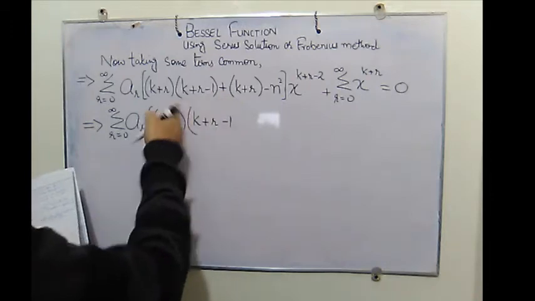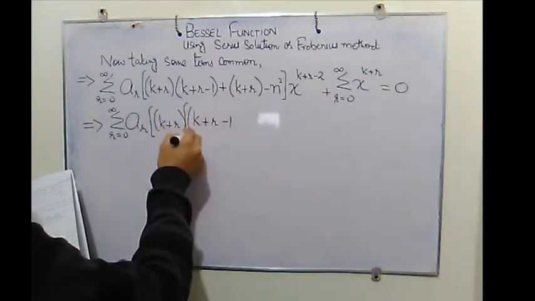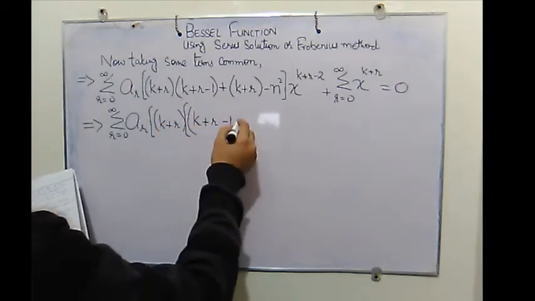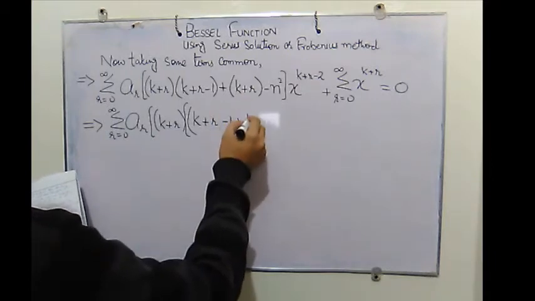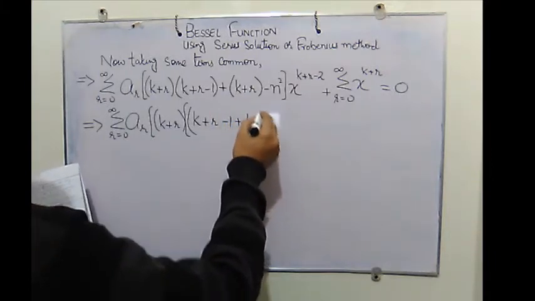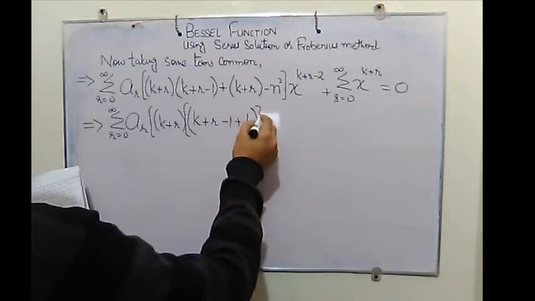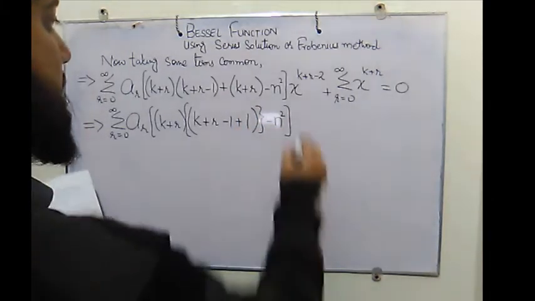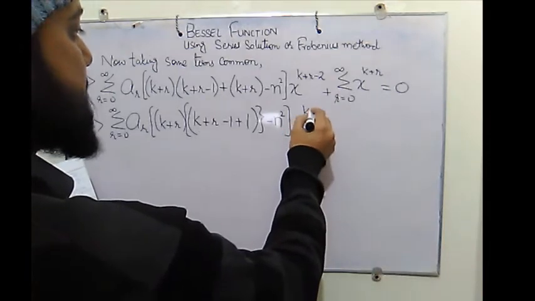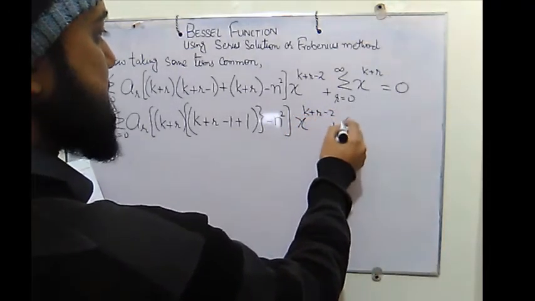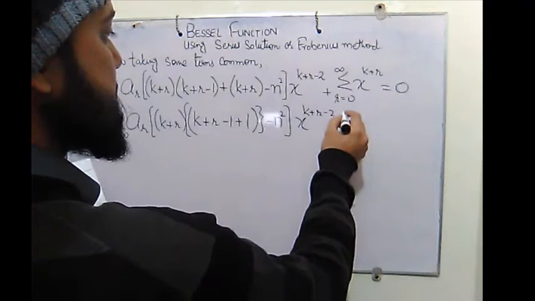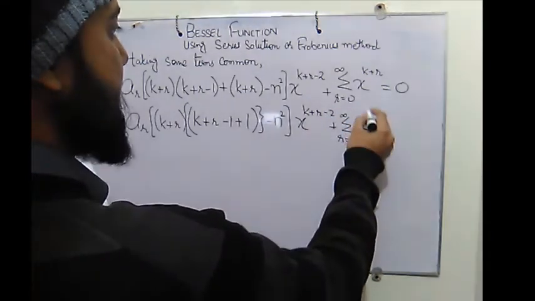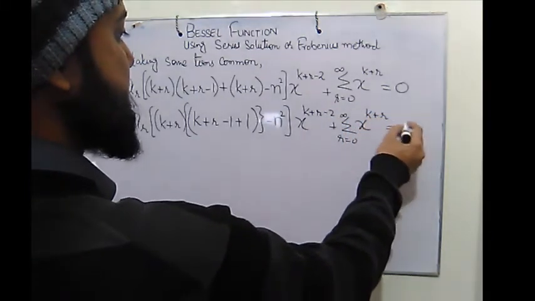We take k plus r common, then we have k plus r minus 1 plus 1 minus n square, times x to the power k plus r minus 2, plus summation r is equal to 0 to infinity x to the power k plus r, and this is equal to 0.